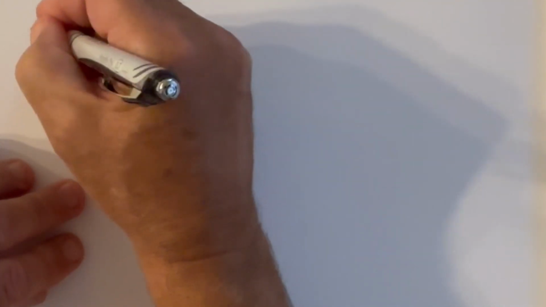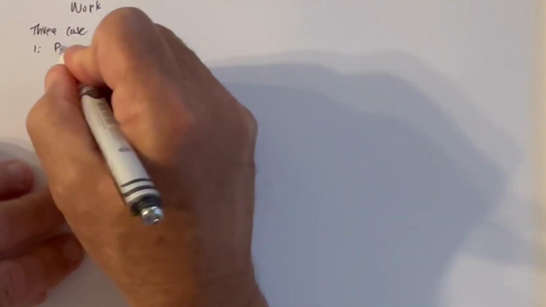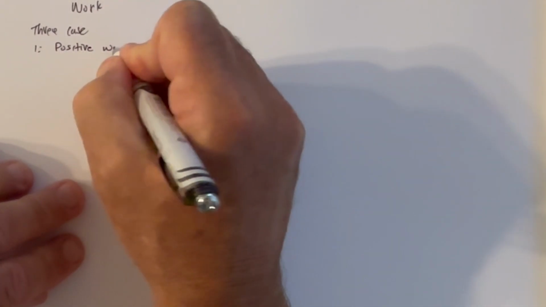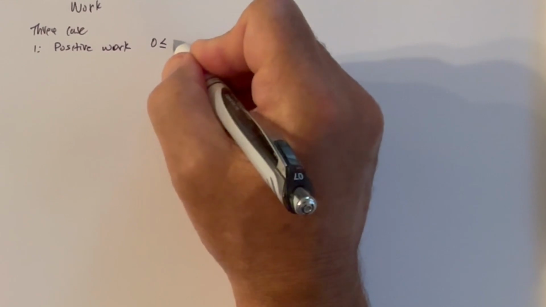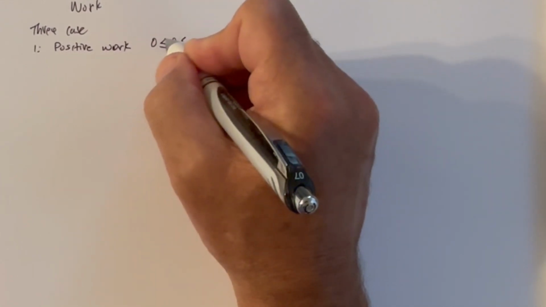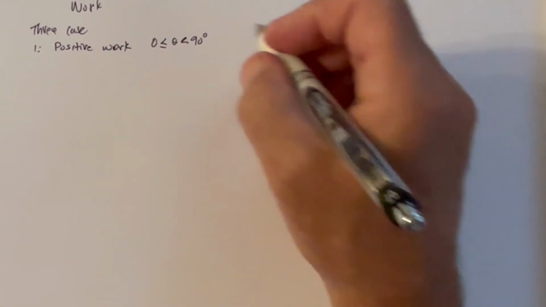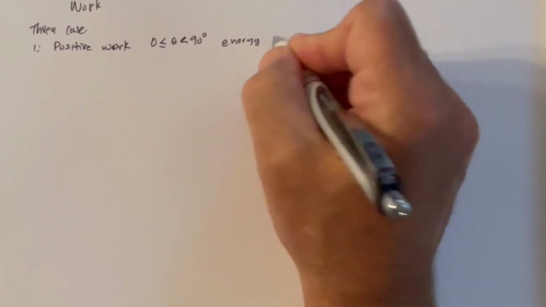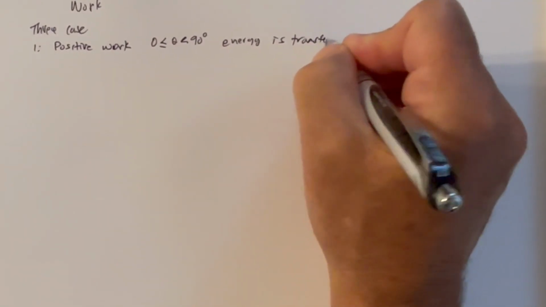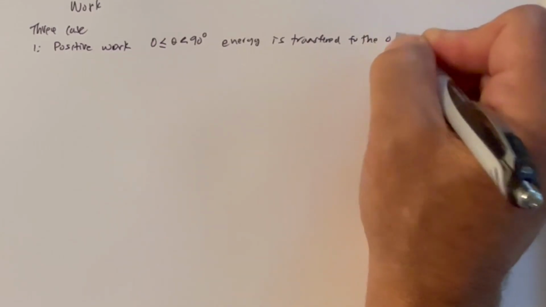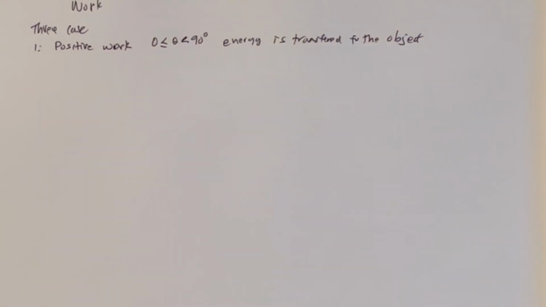And we have three basic cases. The first one is going to be positive work. And this is for the angle theta less than 90 degrees. So in this case, the energy is transferred to the object. It just depends on these three cases, depending on if we're doing positive, negative, or zero work.